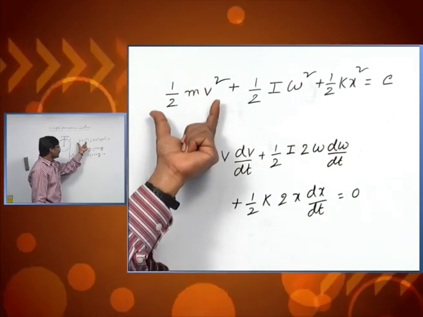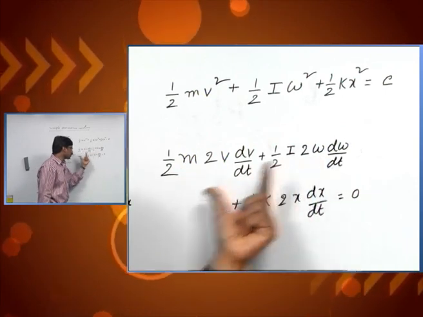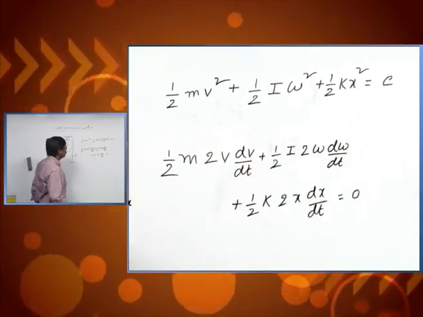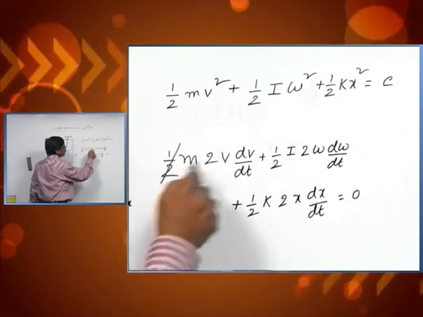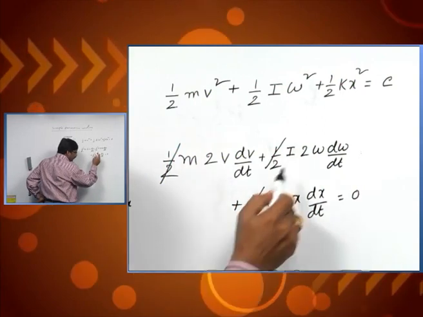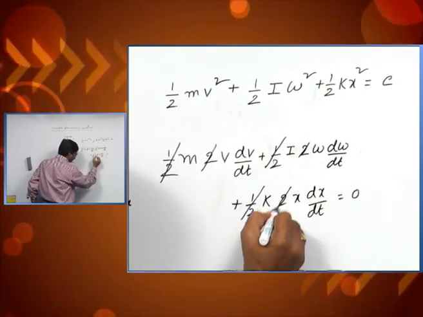The total energy consists of 3 terms. I am differentiating each term with respect to time. So, differentiation of a constant is 0. Anyhow, we can cancel half. This 2 also gets cancelled.